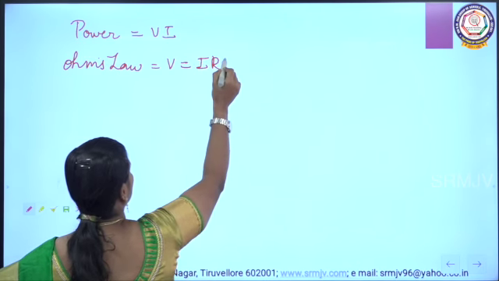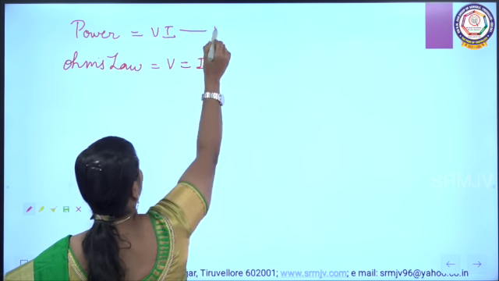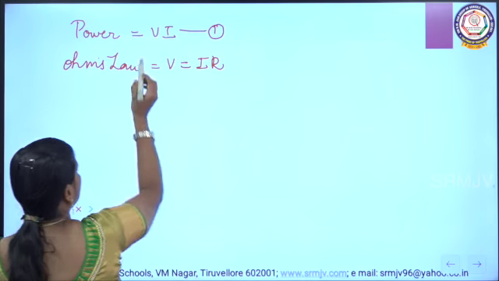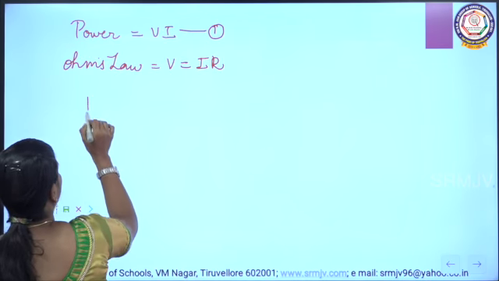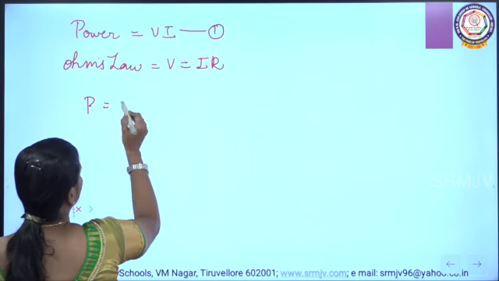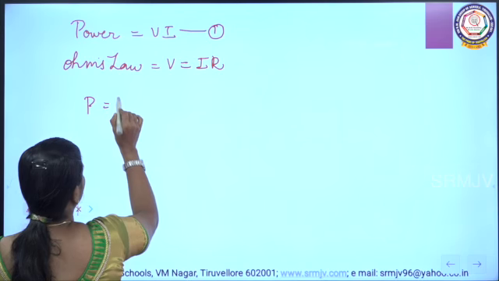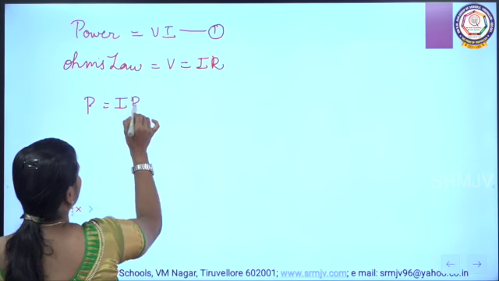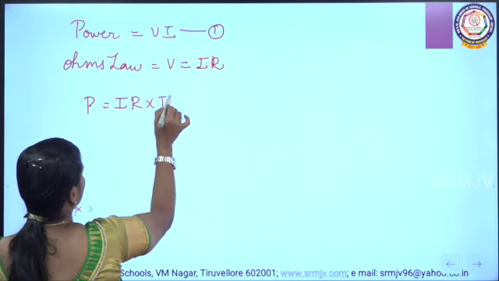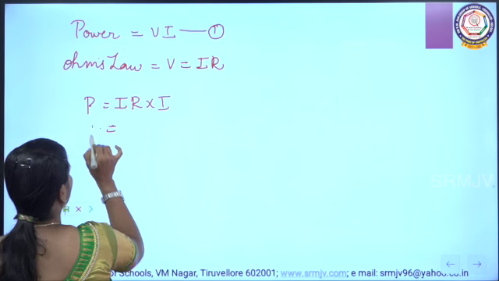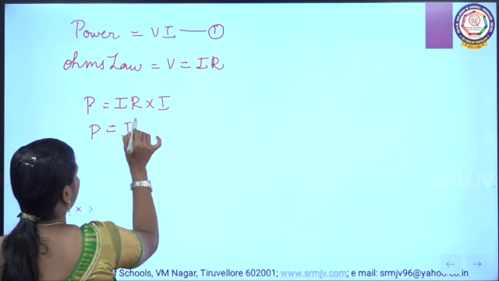Let us take this as equation 1. If I substitute in that, power is equal to IR into I, so power will become I squared R.